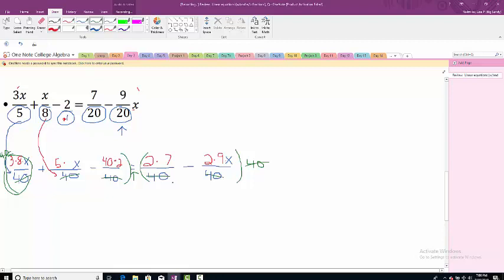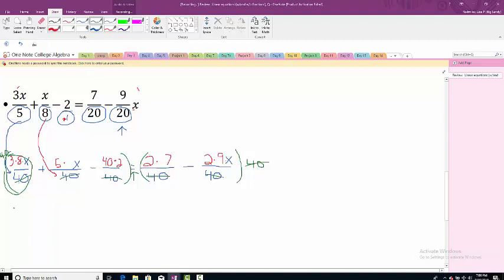the denominator. Now from here on out, I probably will not show this step. I just wanted you to know what's going on. Just know that if you find a common denominator, then you can cancel the denominator.